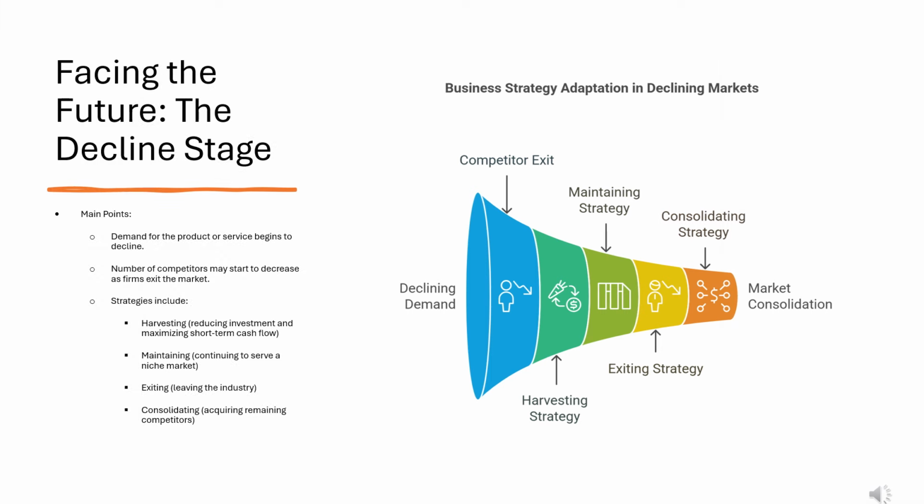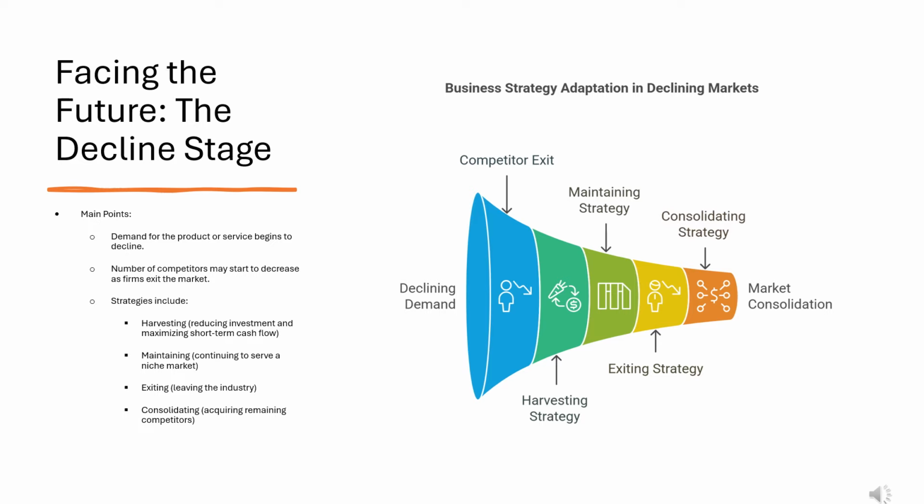This slide describes the declining stage of the industrial life cycle, characterized by a sustained decrease in demand for the industry's products or services. The number of competitors may begin to decline as some firms exit the market.